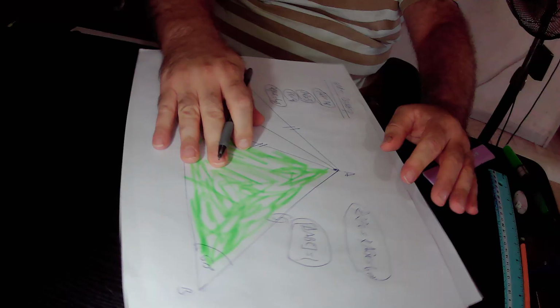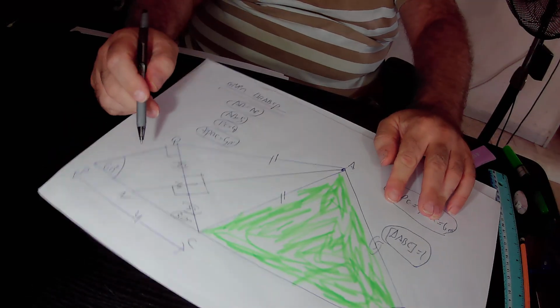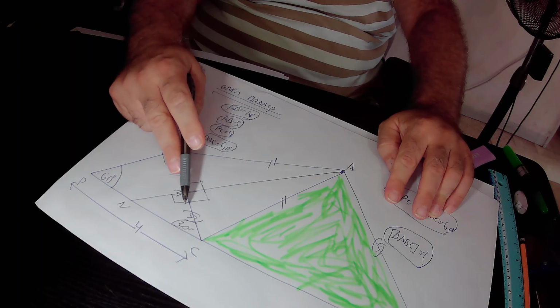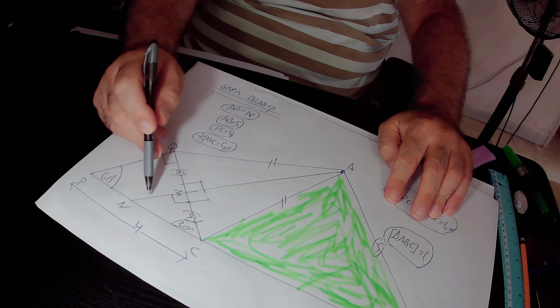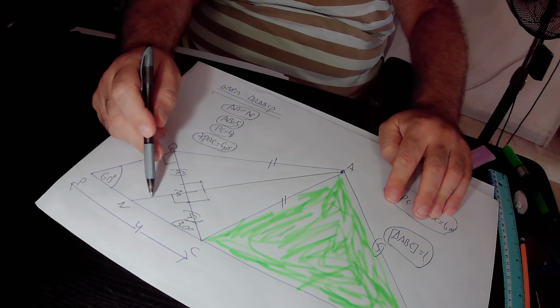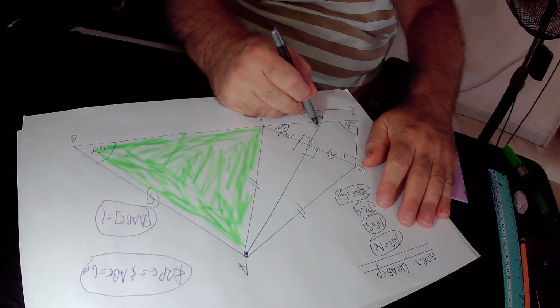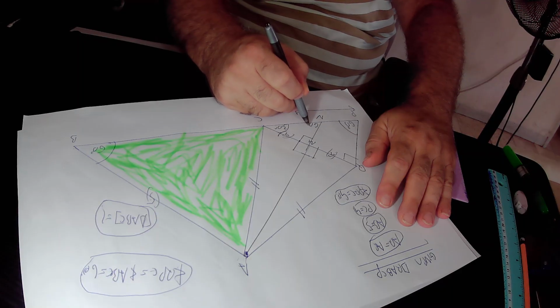Likewise, in the small right triangle NMC, 90 degrees plus 30 degrees is 120 degrees. Therefore, this third missing angle must equal 60 degrees in size, according to the sum rule that the sum of the angles in any triangle is equal to 180 degrees.